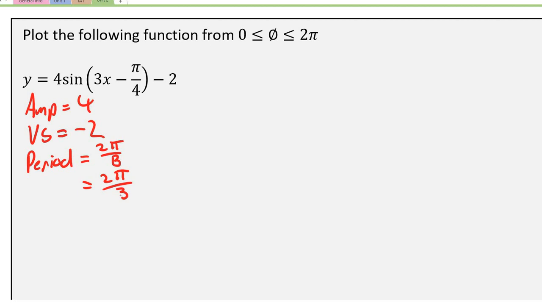What's pi on 3 in terms of degrees? 60, so 2 pi on 3 is 120.